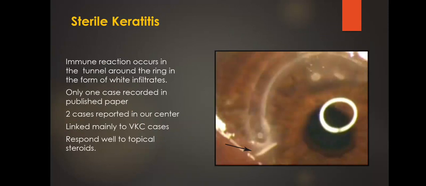Another less common complication is sterile keratitis, which is an immune reaction occurring in the tunnel around the ring in the form of white infiltrates. Only one case was recorded in a published paper. Two cases were reported in our center, linked mainly to vernal keratoconjunctivitis cases, and they responded well to topical steroids.